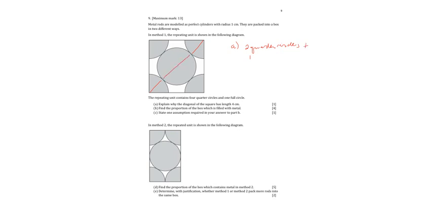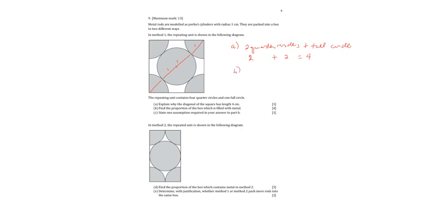The diameter here is 1, 1. We'll have here 2 for the 2 quarter circles, and for 1 full circle 2. So this is equal to 4. This will be also the diagonal of the whole square.